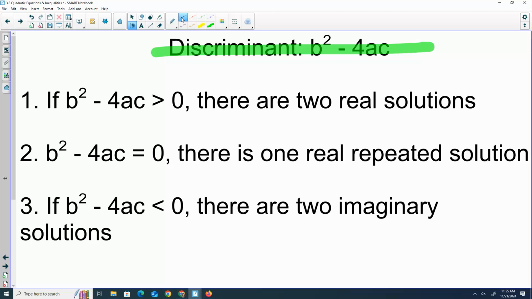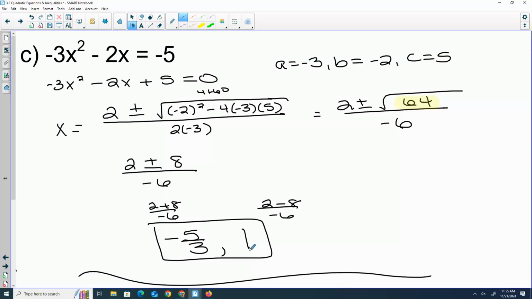We're also going to see sometimes we get answers that still have radicals in them. But like that last example you guys worked, it turned out nice. So those nice numbers are called rational numbers. Why did your answer turn out nice? Why did you get rational numbers here?